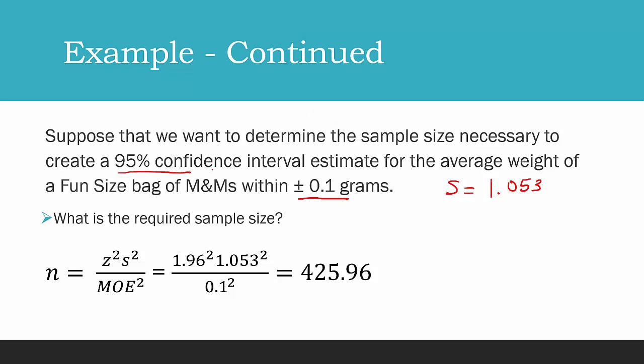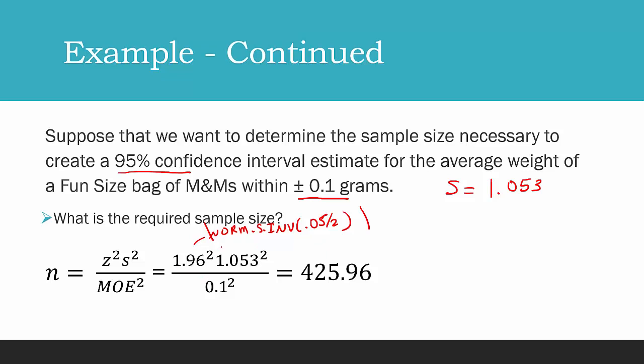You can look it up in the table, or you can use NORM.S.INV of half of 5%, and then of course take the absolute value. 95% is in the middle, so 5% would be in the 2 tails. We divide 5% by 2 to look at just 1 tail. Norm inverse of 2.5% is 1.96.